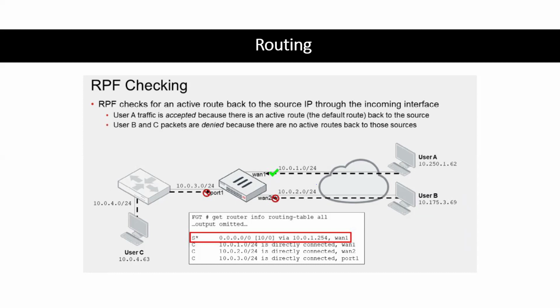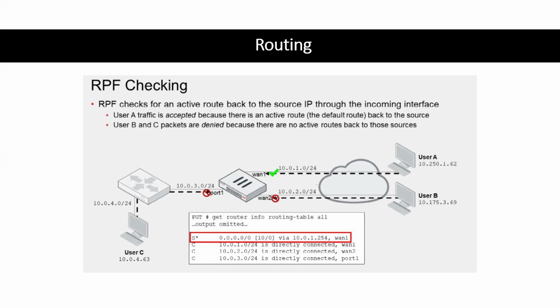So incoming internet traffic arriving at WAN 1 is accepted because the default route is a valid route back to the source. Okay? So if we look at the default route, 0.0.0.0, quad 0, we have a route towards 10.0.1.254, right? We can assume that's WAN 1's gateway. That's our static route, okay? So we know how to get back over there.